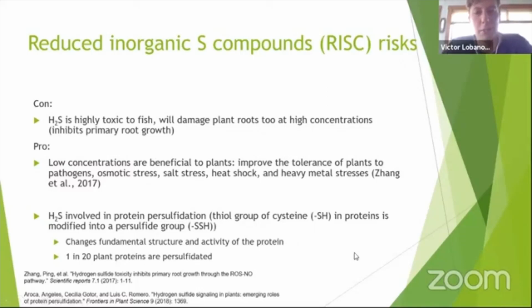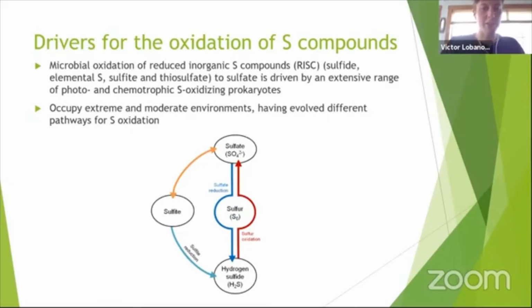It seems to be a pretty profound system that the plant is able to use, so it'll be interesting to explore that further. But we don't have a lot of data measuring H2S in the rhizosphere or in the water column. So that's an area of future research. But this graphic, I think, summarizes things pretty well.